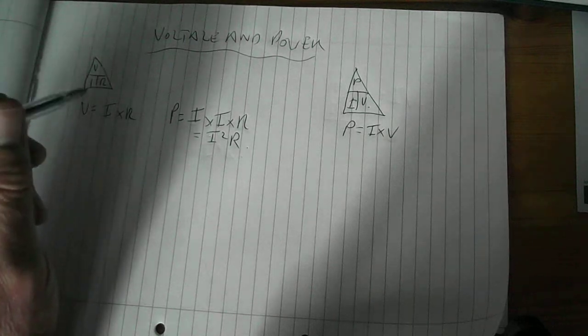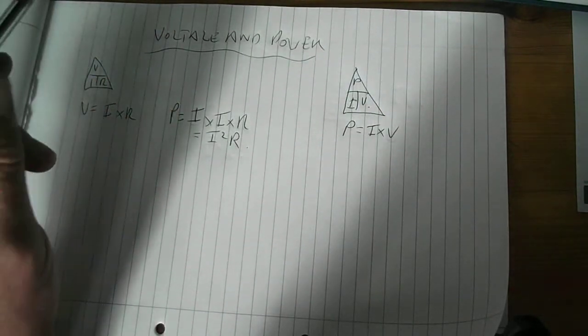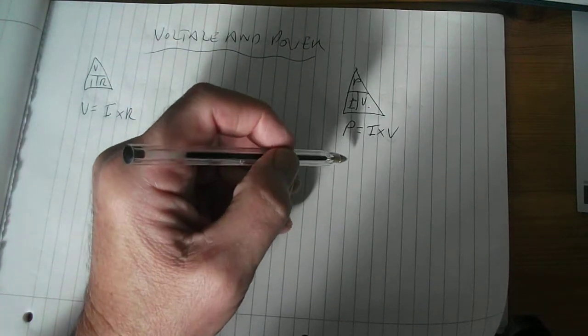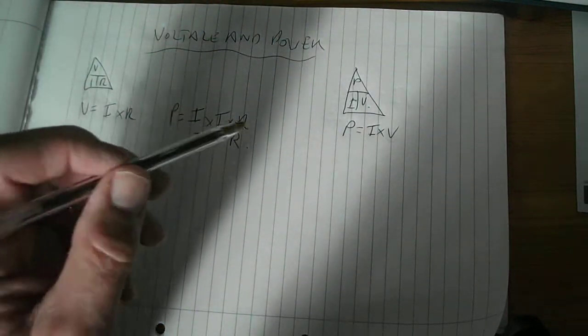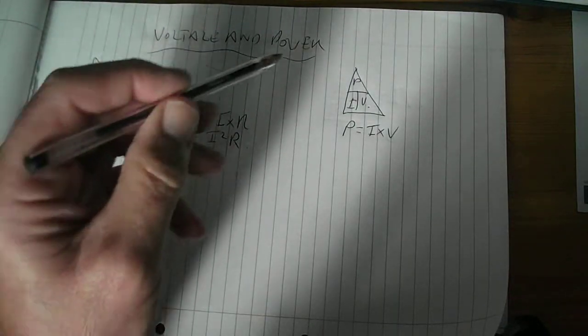Now, if I do the other substitution here, I can find another formula for power. What we've just done here is substituted V on this side and put IR in there.